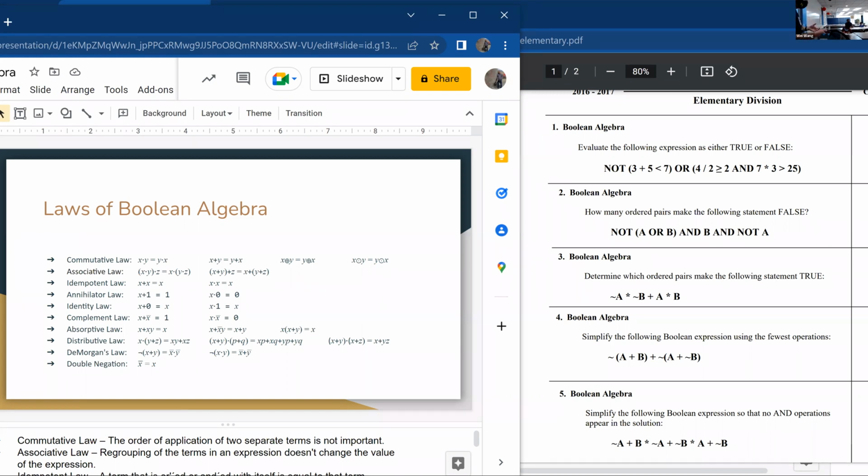And means if both are true, then it's true. So you have two variables, A and B. A and B means A and B both have to be true, then that part is true.